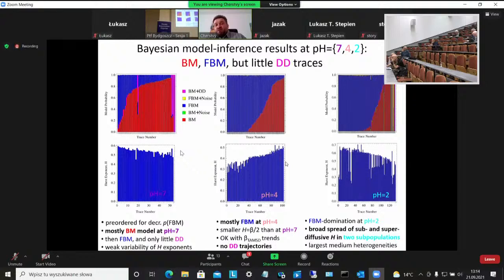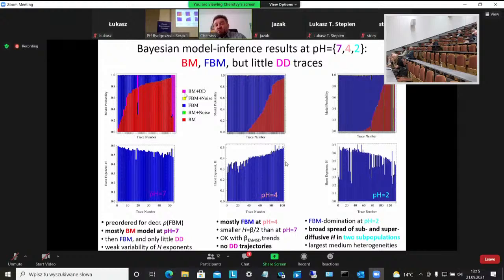We have also a tool in our arsenal, so-called Bayesian model inference analysis, which we apply to this data to understand which kind of diffusion models are realized. So these three columns you see are pH 7, pH 4, and pH 2. At pH 7, nothing special happens. Red is Brownian motion, so most of the data are Brownian motion.